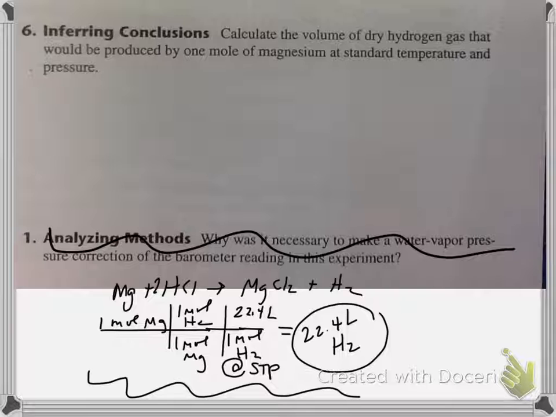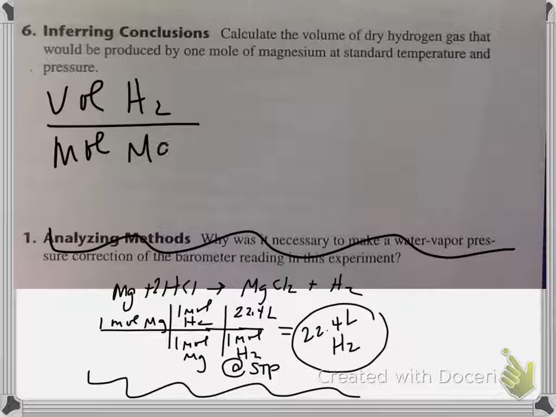Do you have a volume of H2 that you produced at STP? You do. Do you have the number of moles of magnesium that you used?